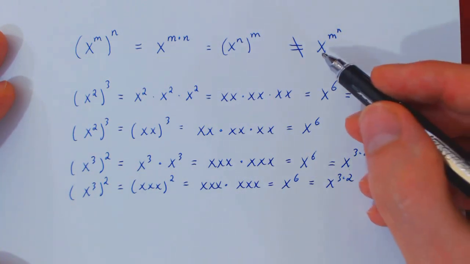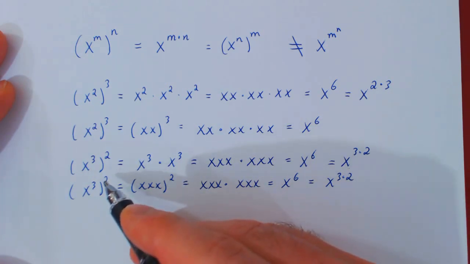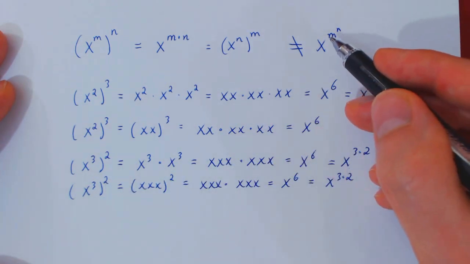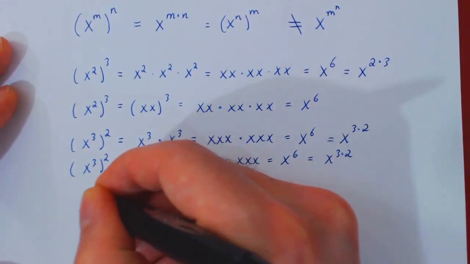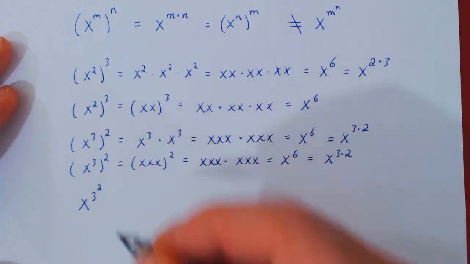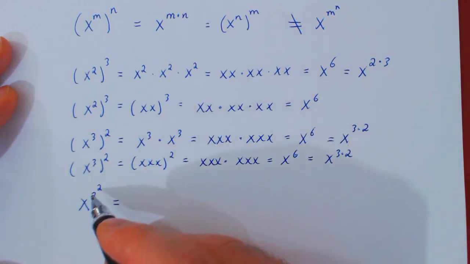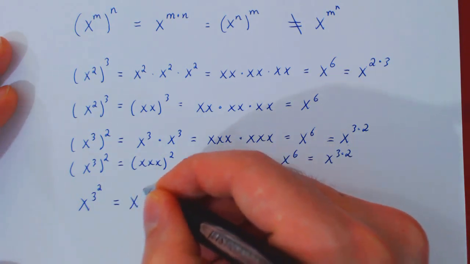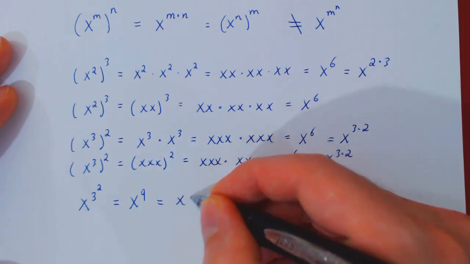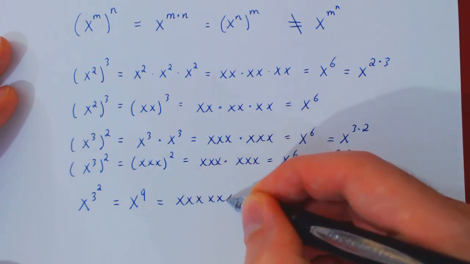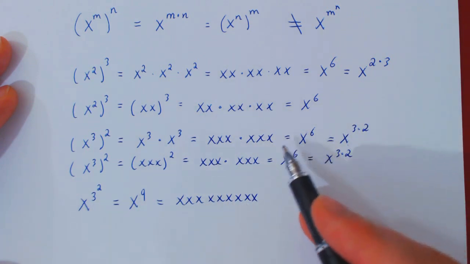For example, if you looked at, say, not x cubed squared, but x to the 3 to the 2, you would get something quite different, right? If you have x to the 3 and you only square the 3, not the whole x cubed, then what do you have? Well, 3 squared is 9, which is x to the 9. So this is x times x with itself 9 times. Very different from x to the 6.